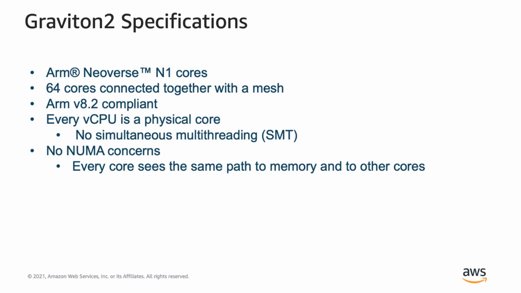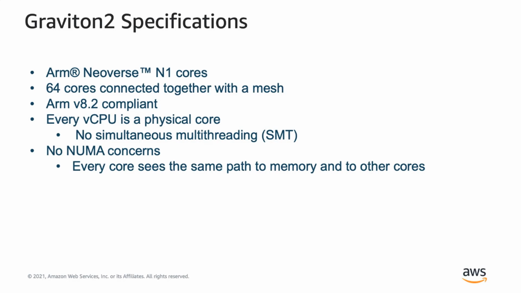So in this platform, Graviton 2, there are no SMT threads. So every vCPU is a physical core. So when we say this platform has 64 vCPUs, it really has 64 physical cores.